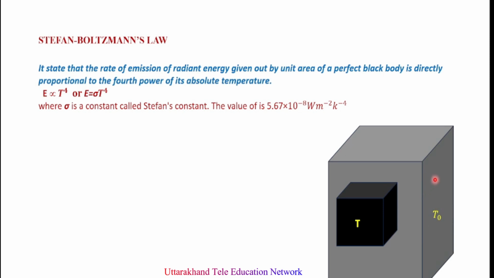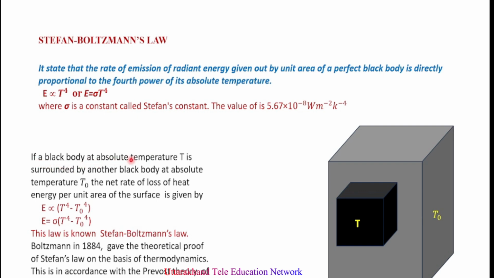This means the outer perfect black body works as the surrounding for the inside one. Then, by the previous theory of heat exchange, radiation will be emitted from this black body towards the surrounding T0, and there is a loss of heat, so Stefan's law is modified like this.